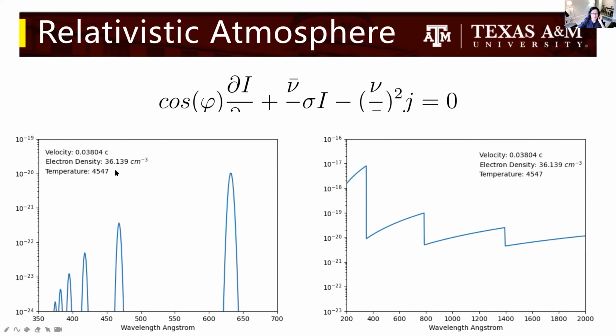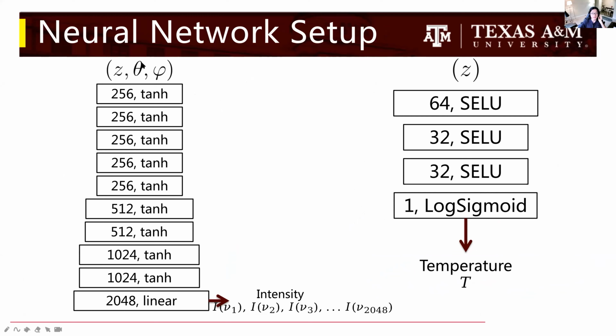So in this question, we also did some modifications of our neural network. And this time we have multiple outputs for this neural network. The input for the intensity neural network is still the spatial coordinate z and the viewing angles theta and phi. However, we output a spectrum, and we try to calculate the intensity at different given frequency sampling points.